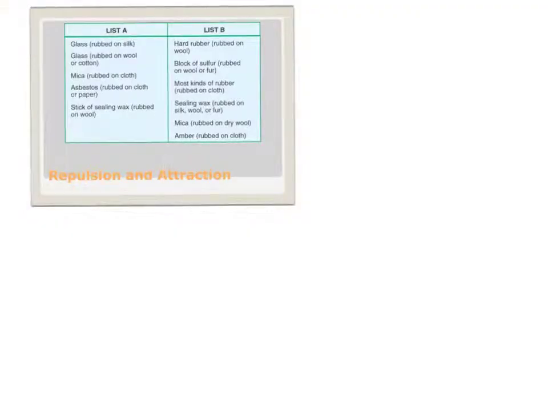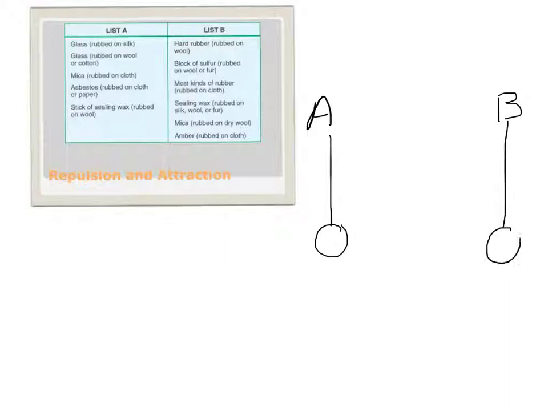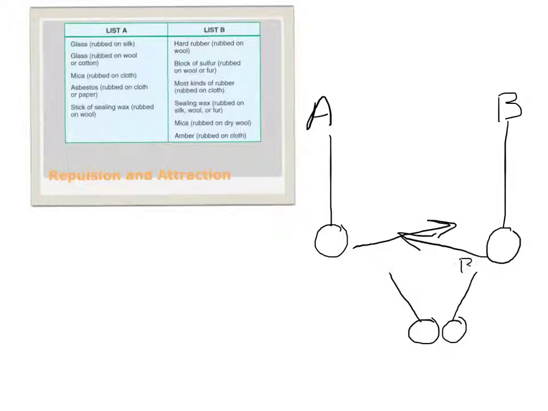Here is that list of items that Ben Franklin worked with. If we were to draw these out in two columns, and imagine each of them were a ball hanging by a string, you would see that items on list A would want to go towards items on list B, and items on list B would also want to make their way to items on list A. So what would happen is we would have to redraw our picture, and it would look much like this.